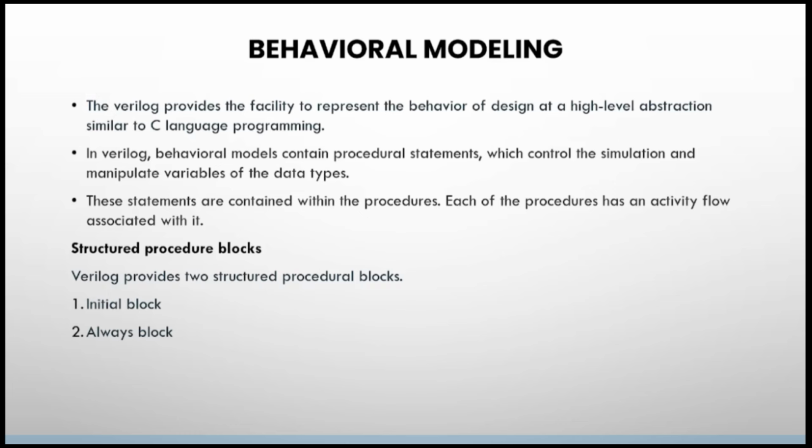These structured procedural blocks are categorized into two parts: one is the initial block and the second is the always block. In behavioral modeling, these two blocks are very important.